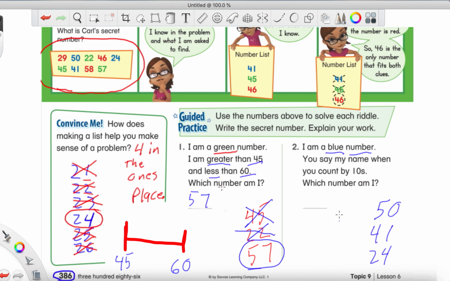Now for this next part, I'm going to read the next sentence to you, and I'll let you try to solve this on your own. So next sentence says, you say my name when you count by tens. So if you were to start at 0 and count by tens, you say this number. Then it says, which number am I? So go ahead and try this one on your own.